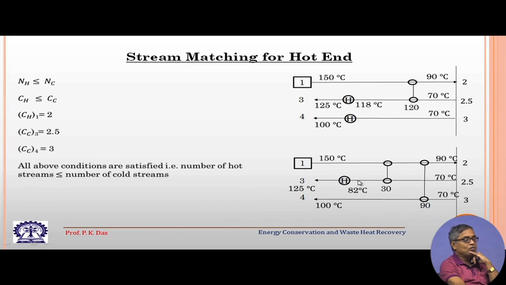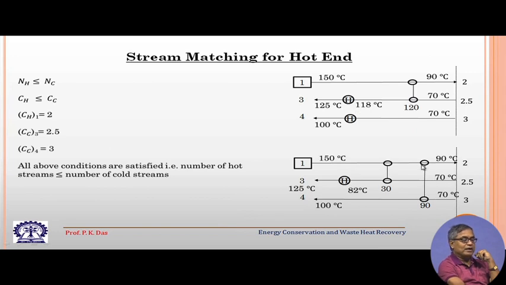So, one hot utility has to be used, and we can calculate how much is needed. You will find that the amount of hot utility is the same in both cases, because this is the minimum amount of hot utility. Here we get one heat exchanger, a second, and a third.